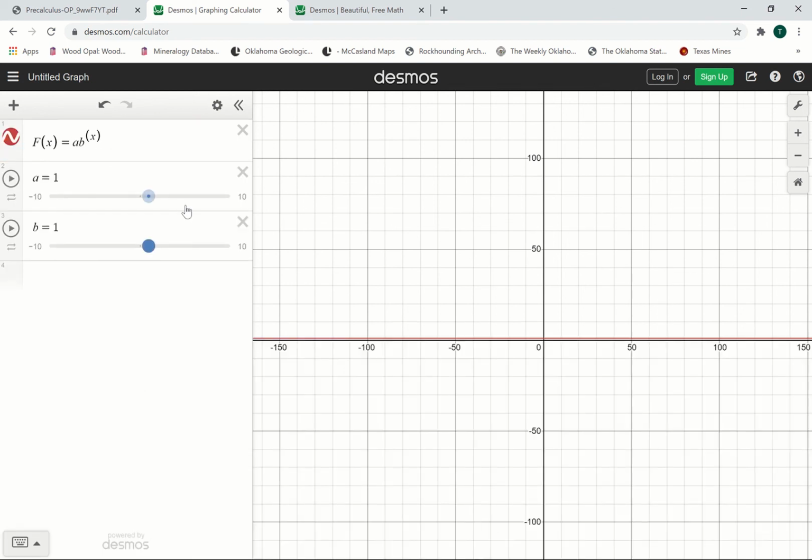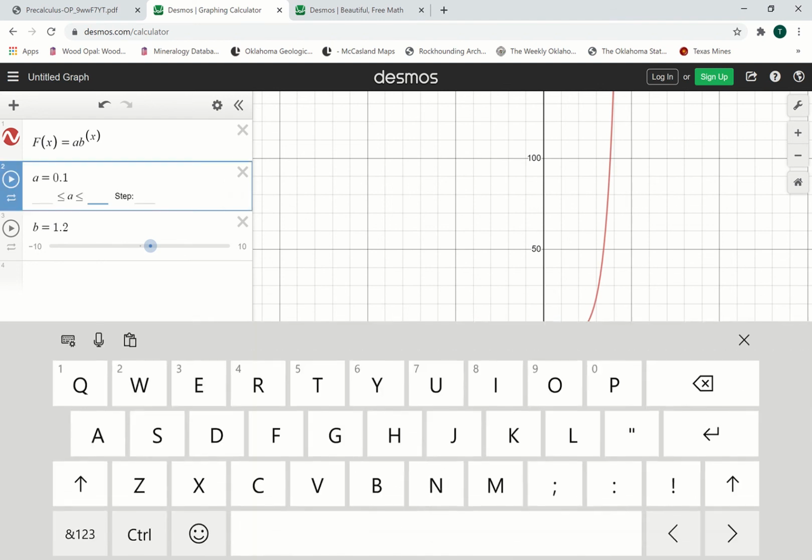All right, so I'm going to go ahead and make B growth. Notice that as my A gets positive, bigger and bigger, it's going to squish more towards the axis. And as it becomes a fraction, it's going to start going away. Let me see if I can get this.